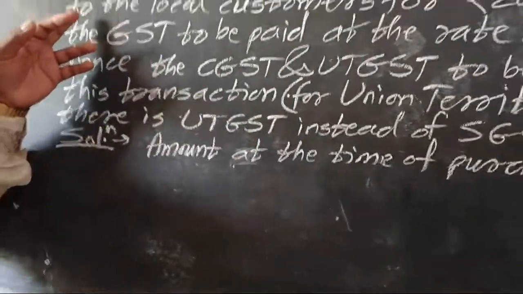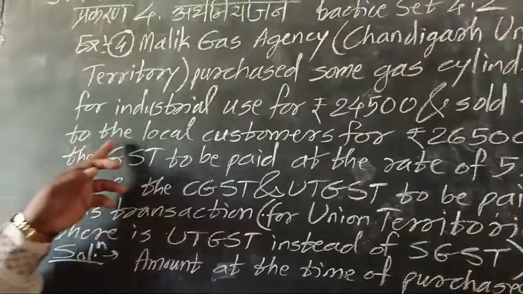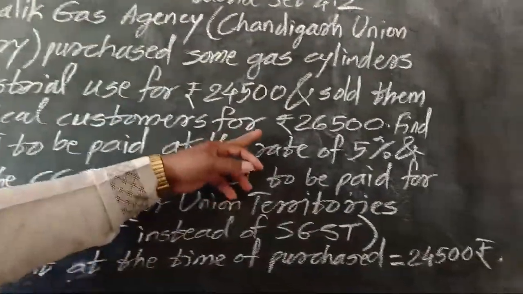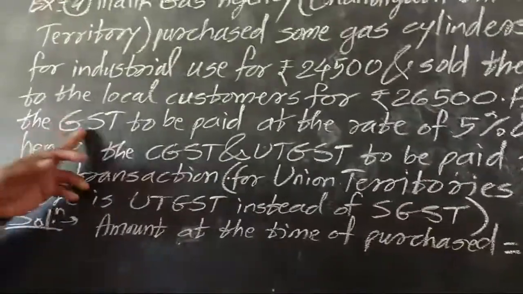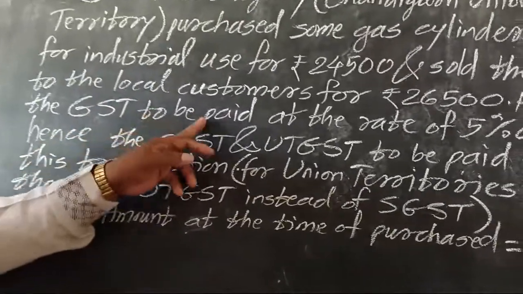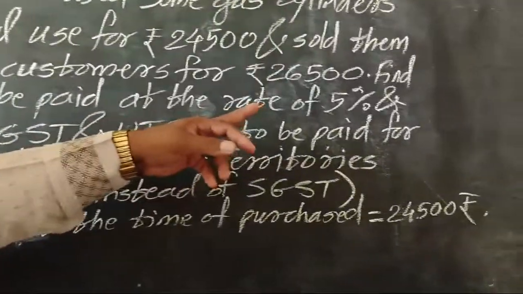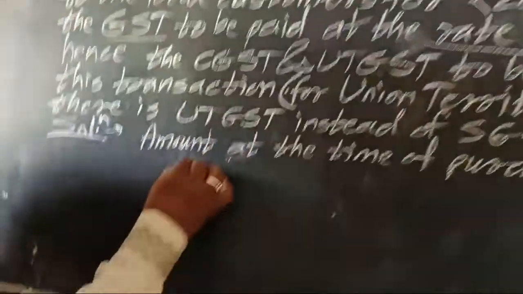and sold them to the local customers for rupees 26,500. Find the GST. Here we find the GST to be paid at the rate of 5%. Rate of GST is given.